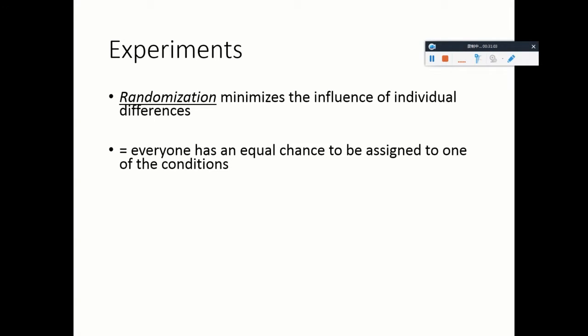Okay? So by randomization, we mean that we randomly allocate participants into either one of the conditions. In other words, every participant has an equal chance to be assigned to the warm condition or to the cold condition.